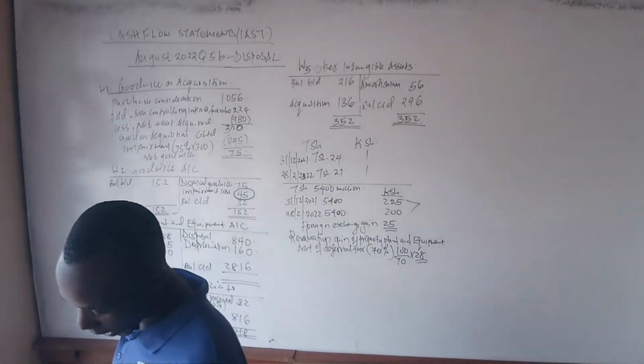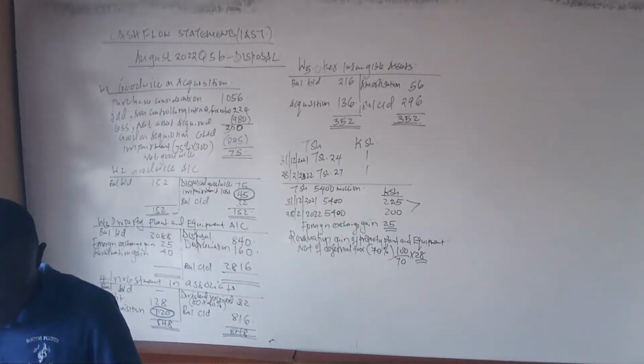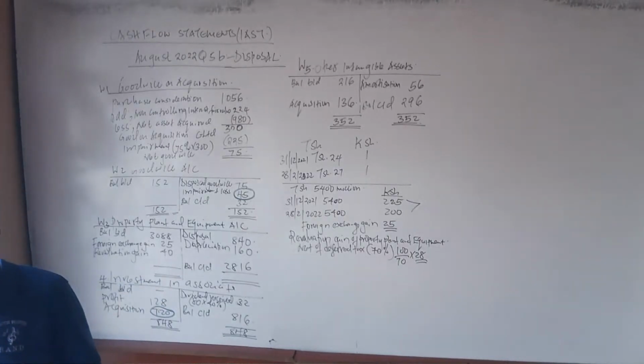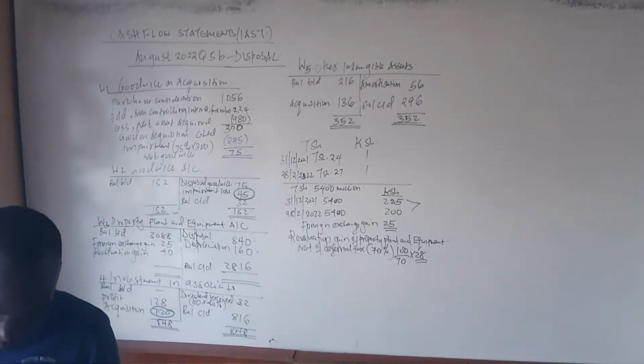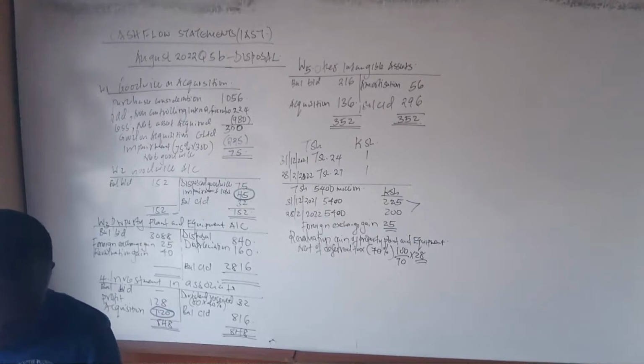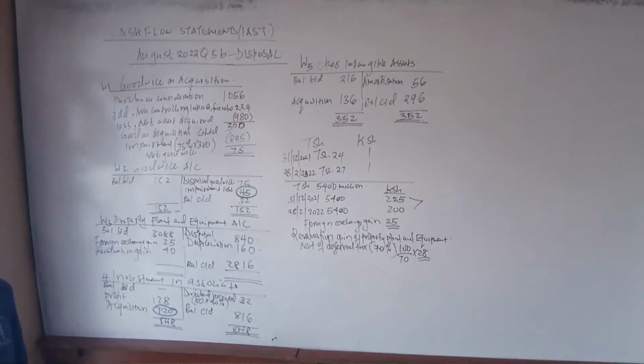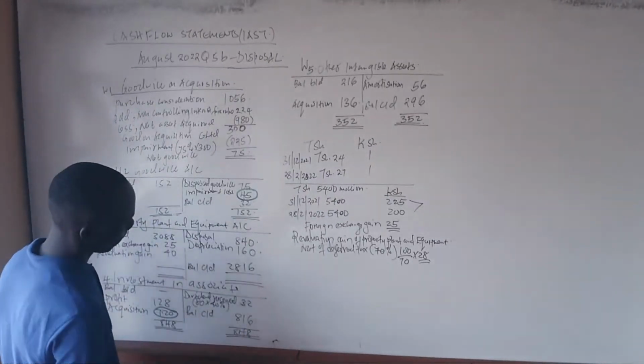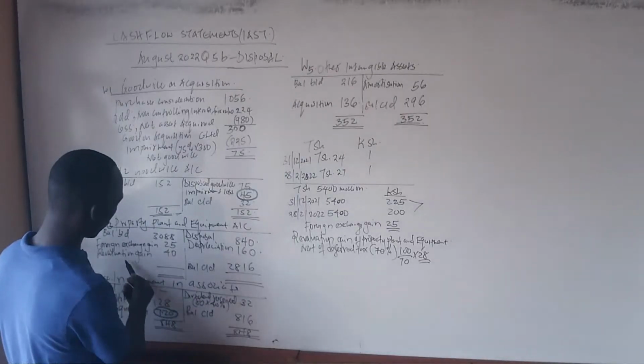Did we acquire any? Confirm, it's all about adding. So we have 40, the revaluation gain.